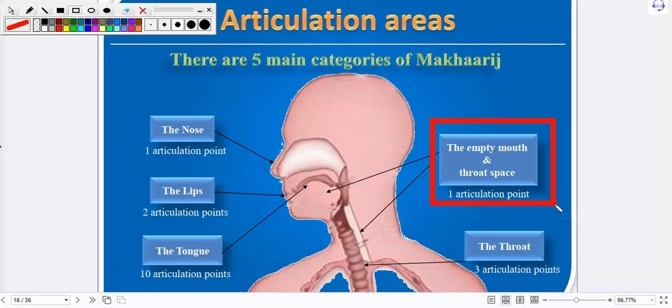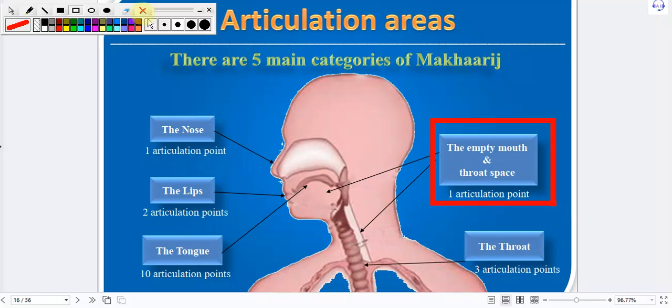It means your lips, your teeth and your tongue are not involved in making that sound. It's simply from your throat, from your vocal cord, and it goes straight out. Your vocal cord makes a sound, you open your mouth, and the sound comes out.